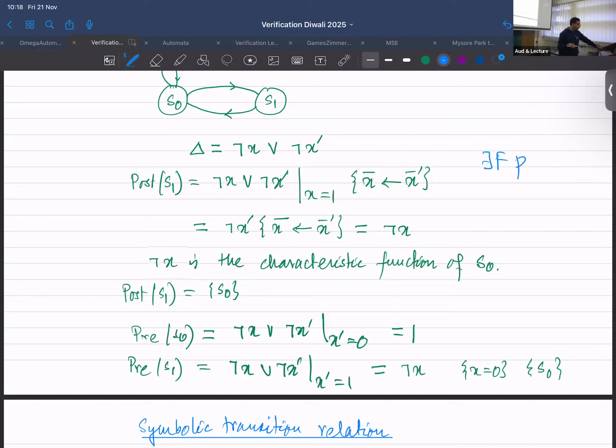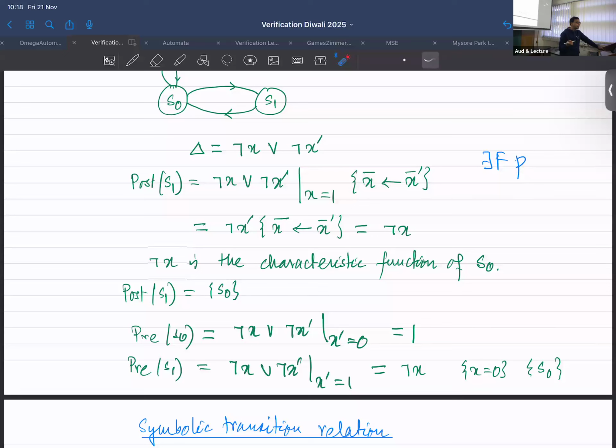Okay. So how do you compute such a set, like from which there exists a path such that eventually you get to P? Do you recall how we computed this, when we had to do the model checking, we computed the set of states which will satisfy this particular formula, right? How did we do that?